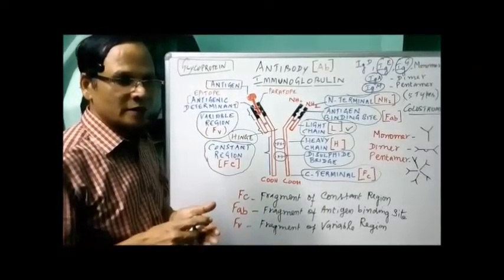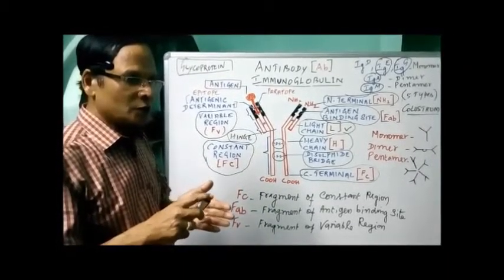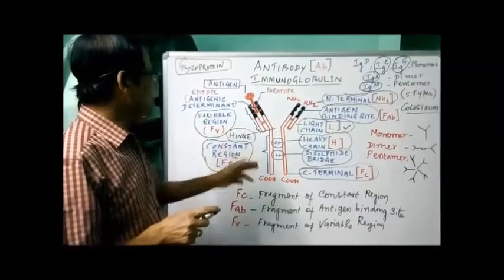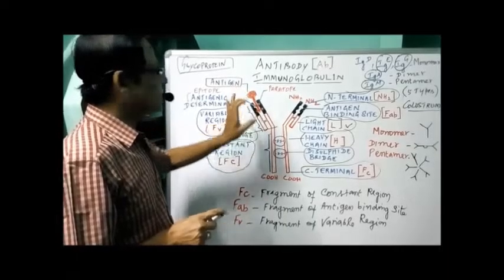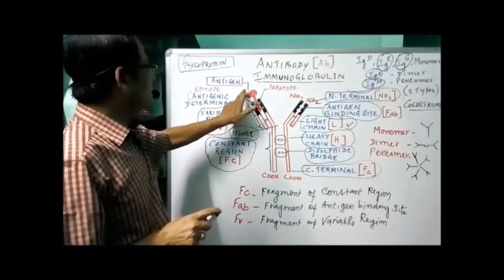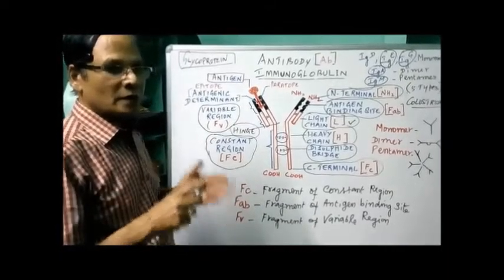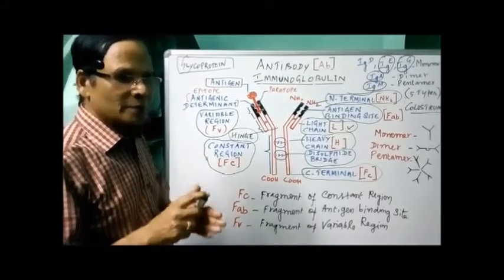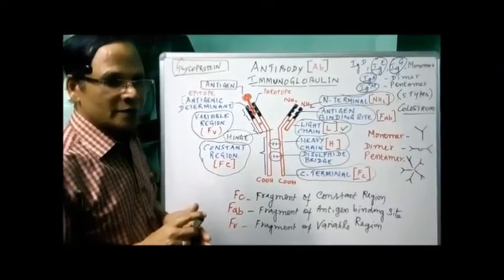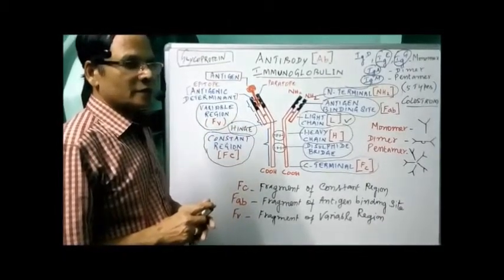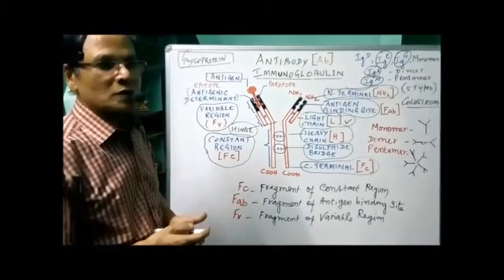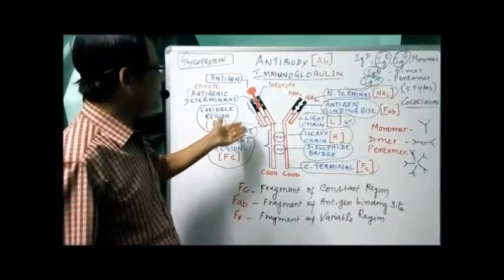Here I represented the structure of an antigen. So what is the epitope? The epitope is the active part of the antigen, the antigenic determinant, which fits into the antigen binding site and stimulates the interaction between antigen and antibody.